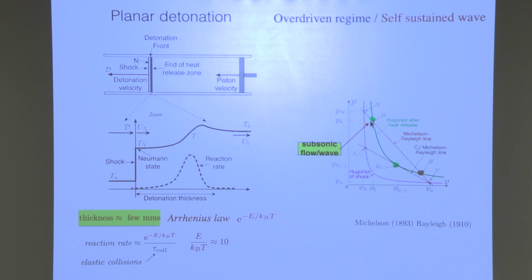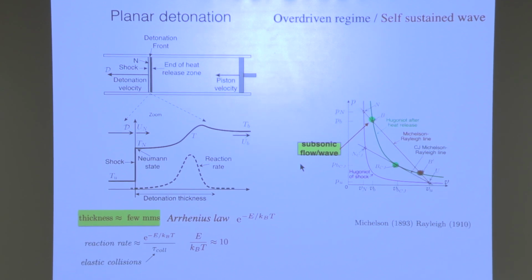This is the Michelson-Rayleigh line. This is the state behind the shock here. Then you have a slight decrease of pressure, which is not written here, to go to the burn gas here. Okay, and this is the end. At the end you have the subsonic flow here.